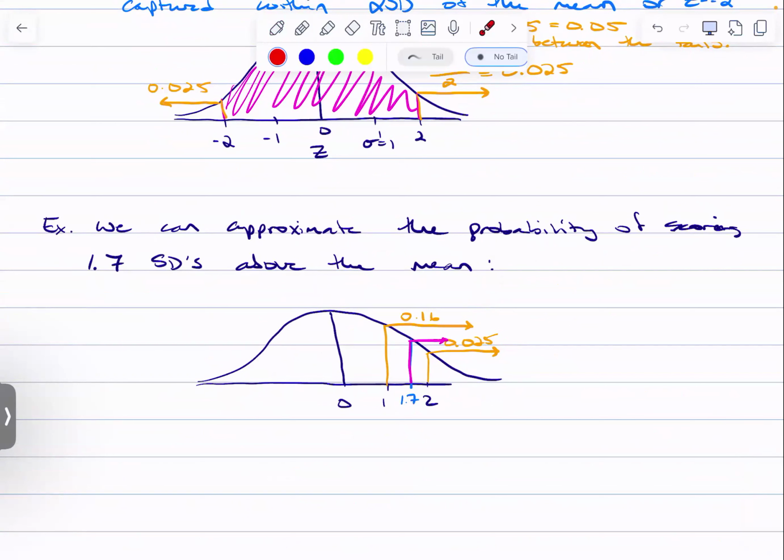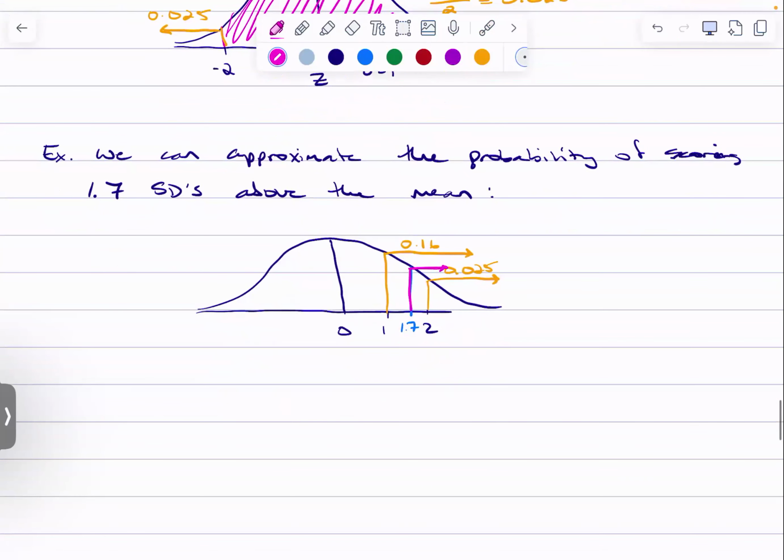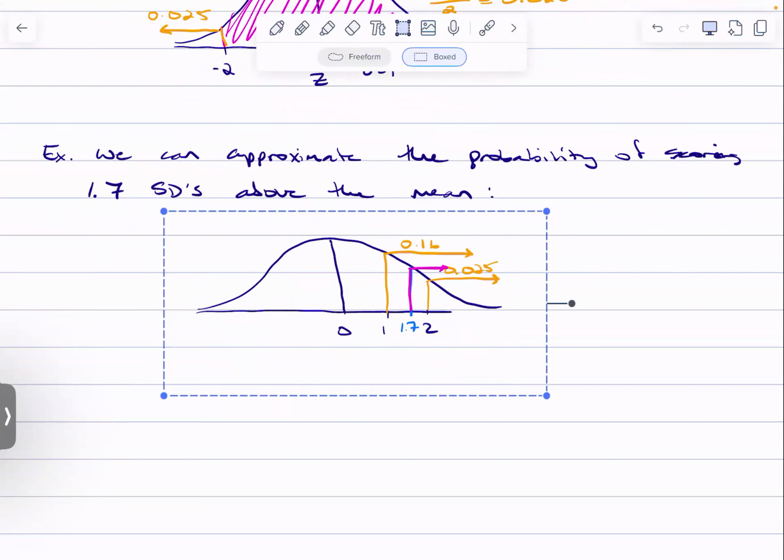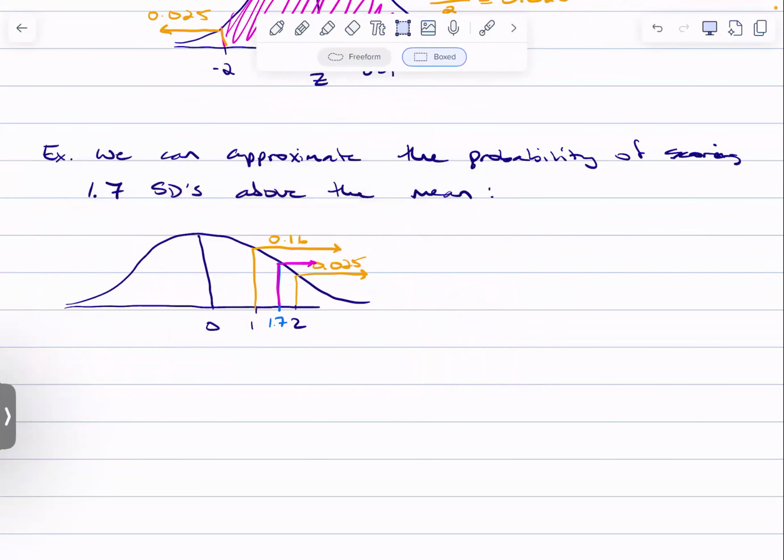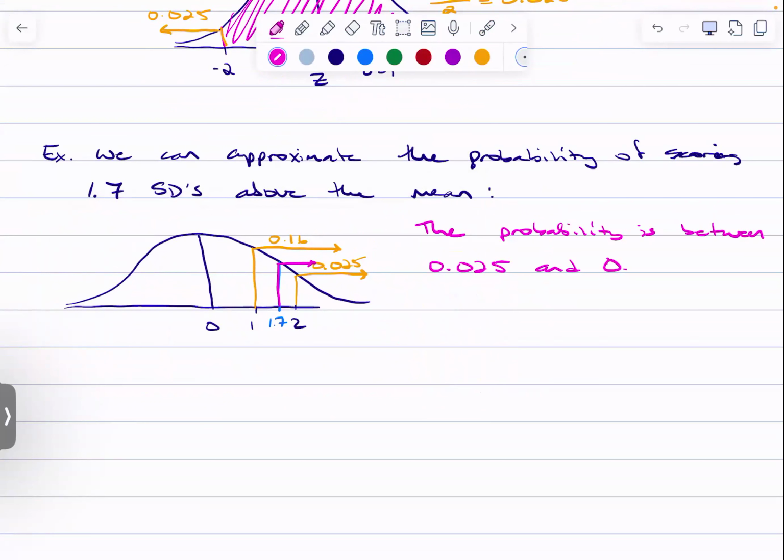Well, that's all we know so far. The probability is between 0.025 and 0.16.